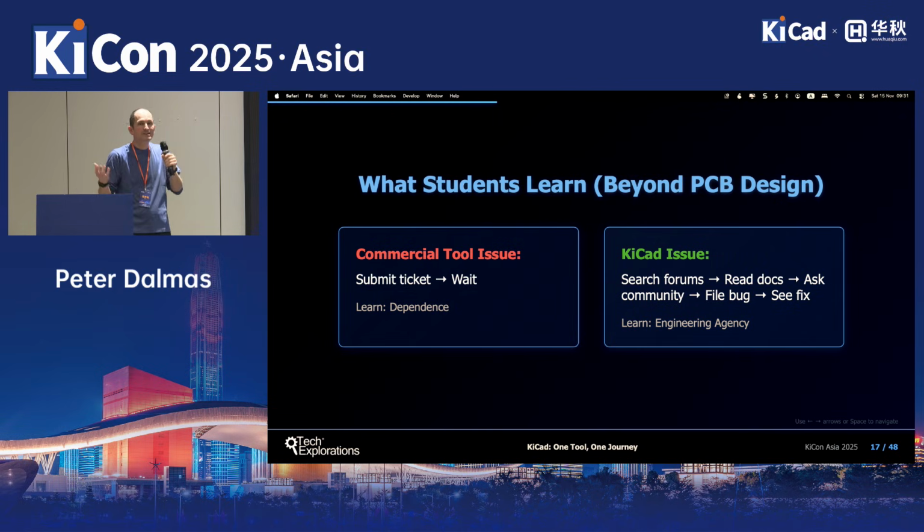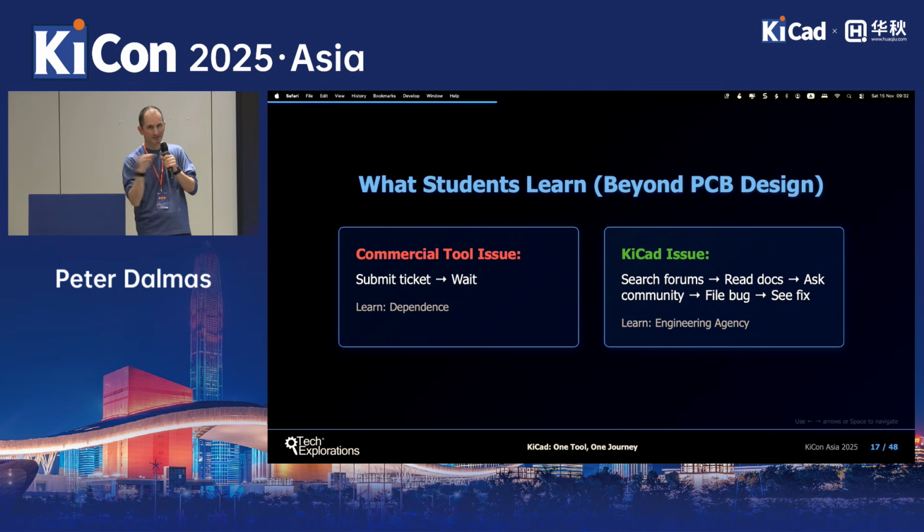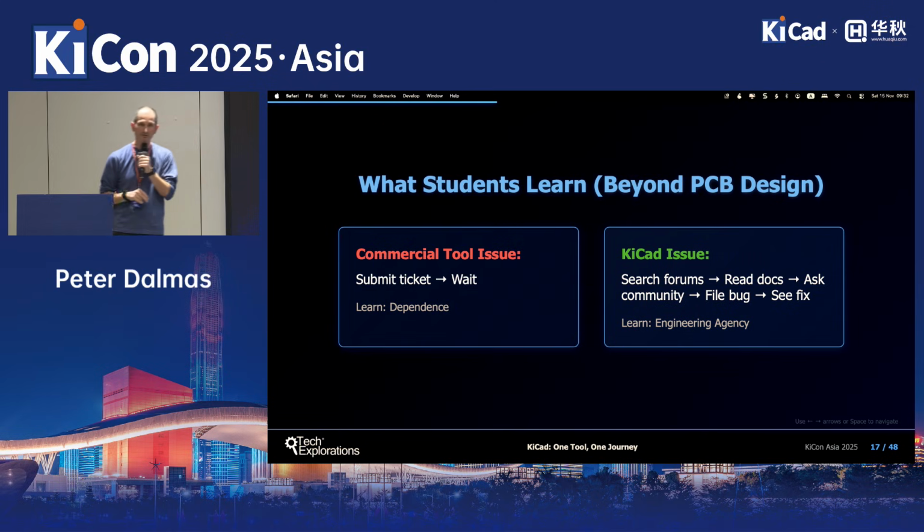Because it's a black box. When I have a problem with commercial software, I go to the help desk, I type in my problem, and then I'm waiting. Okay, there's no actual thinking happening there in terms of problem solving, so there's no engineering mindset type of solution there. So I have to wait.